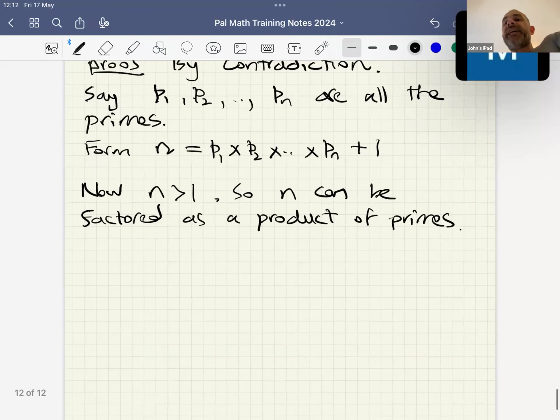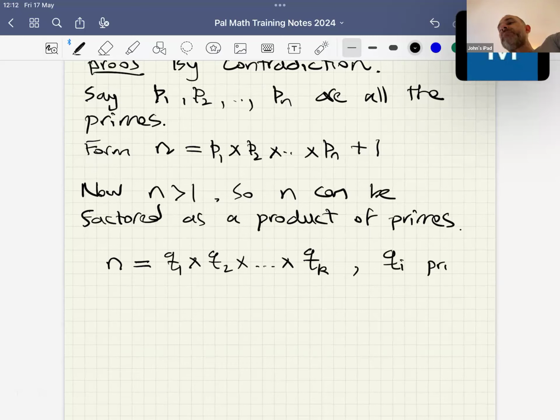So we write n. I'm going to use the primes in n, and I'm going to label them as q1, so q's rather than p's, just to distinguish them from the previous ones. So say q1 up to qk, where the qi are primes, and k is greater than or equal to 1.